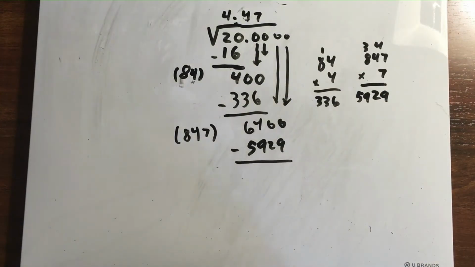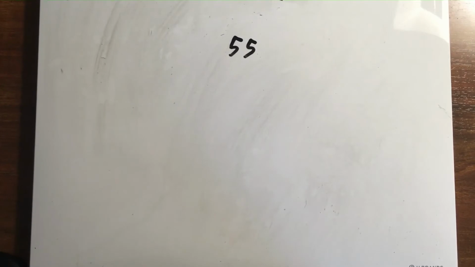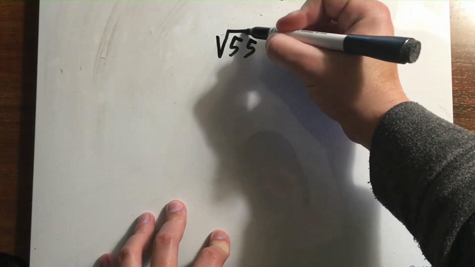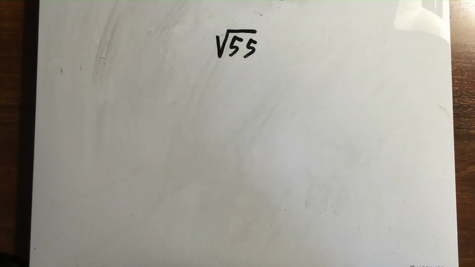Let's look at another problem. Okay, let's look at 55. We want to find the square root of 55 to 2 decimal places. And we need to start out by thinking of two numbers when squared that are close to 55, one smaller, one larger.